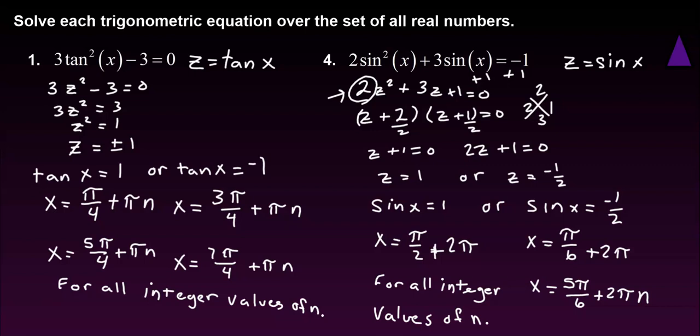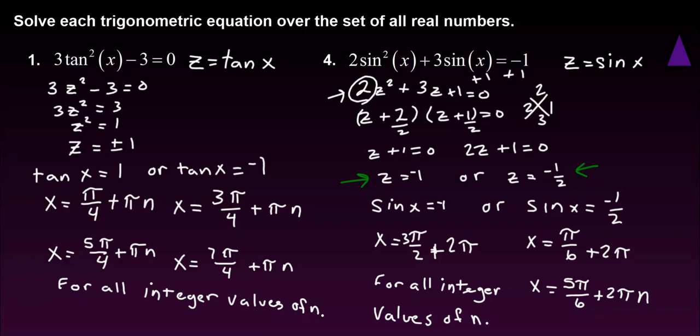You solve each of those to get z equals 1 or z equals, I made a mistake. We'll catch that right now. So z equals -1, which is going to change this answer to 3 pi over 2. Quick, easy fix there. Okay, so z equals -1, and sine of x equals -1 then.